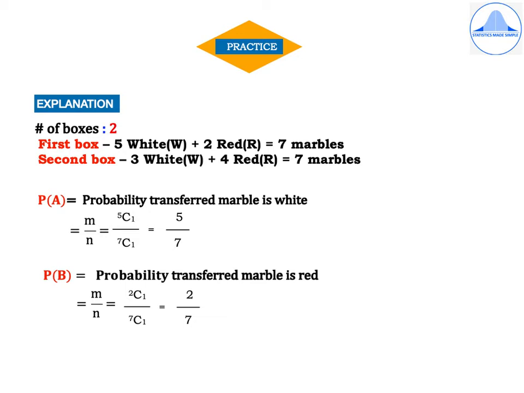In the same way, find out P of B, which is probability transferred marble is red. Now remember to use only the first box values. And the formula is M by N, which is equal to, there are 2 red and you have to transfer 1. So it is 2C1 divided by the total number of marbles, 7, so it is 7C1, which is equal to 2 divided by 7.